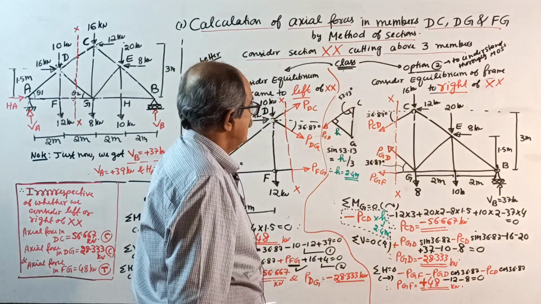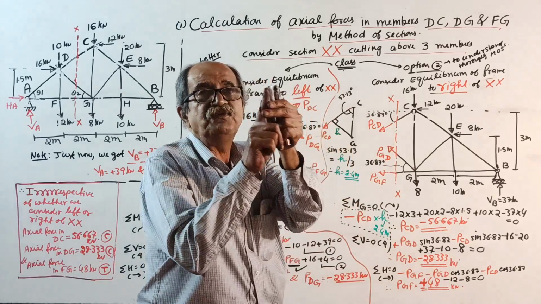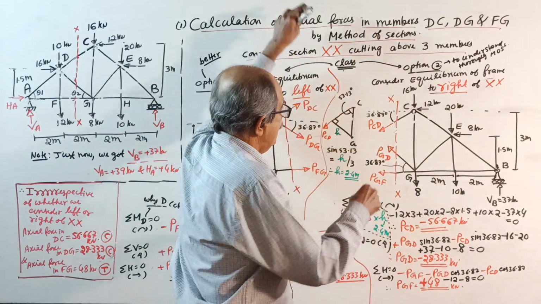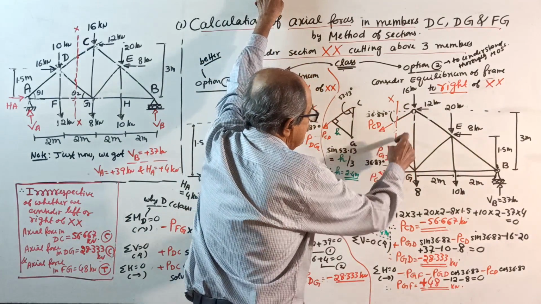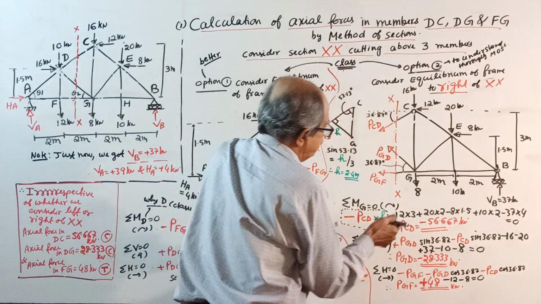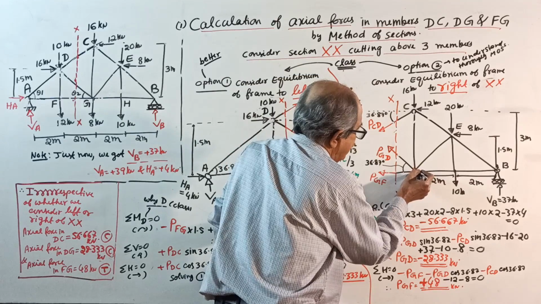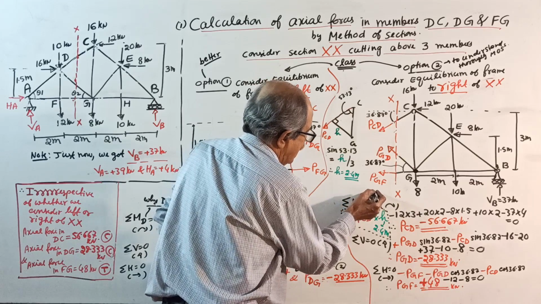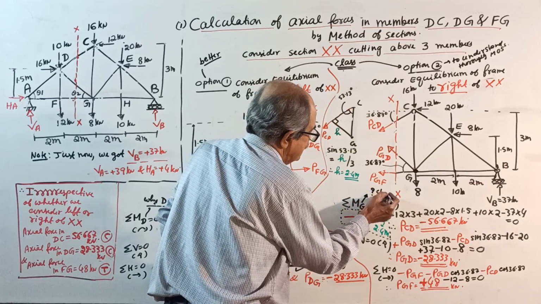Now, first take your finger and decide the moment about which point. Among the three unknowns, two unknowns are meeting at the point G. Therefore, moment about G. Why G? I told in the class.